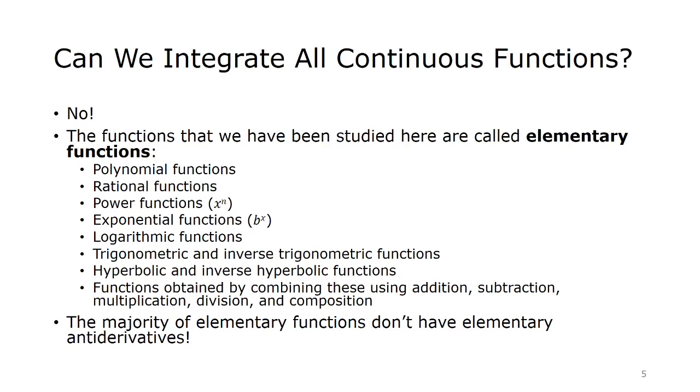But think about some other ones that might not work, and this is sort of a preview into some numerical integration that we'll look at. But the idea is that no, we certainly can't integrate all continuous functions or even all elementary functions that we look at. So once again, if you try a bunch of things, don't panic. It may be that the particular integral you're working with is not doable with these types of functions that we've studied. And so that's okay. We'll look at some more techniques to approach those soon.